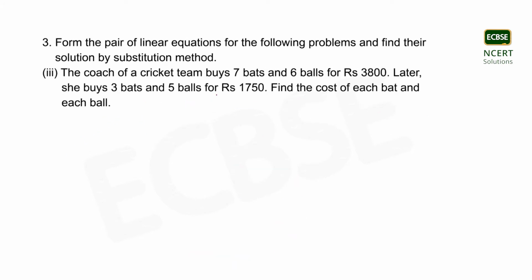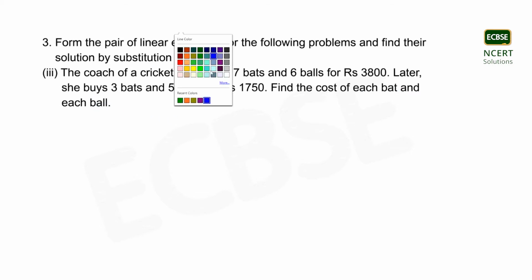Now coming to the third problem. What the third problem says is that the coach of the cricket team buys 7 bats and 6 balls for rupees 3,800. Right. And also it's given that later she buys 3 bats and 5 balls for rupees 1,750. Find the cost of each bat and each ball.